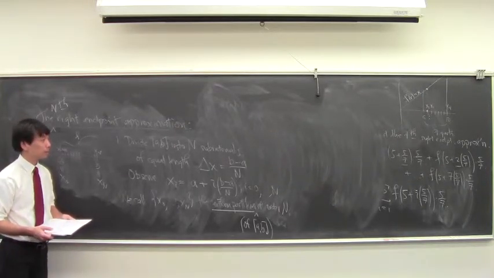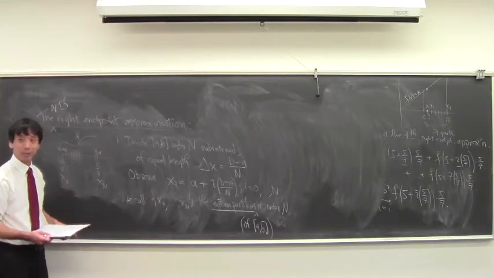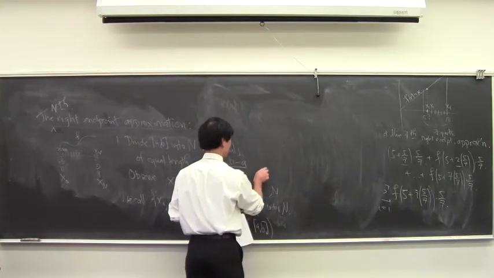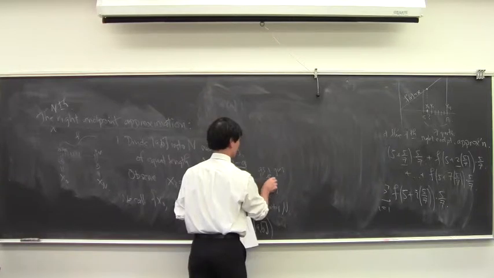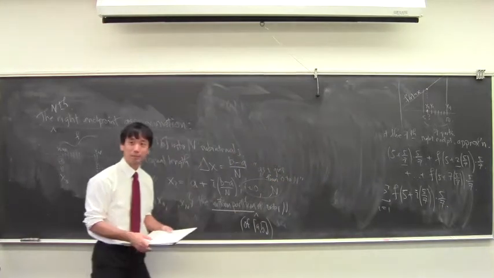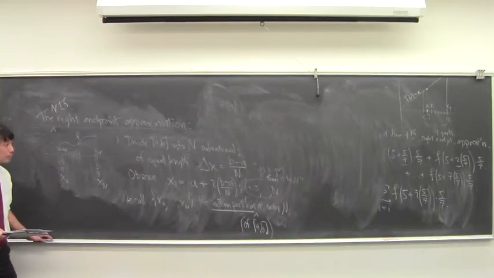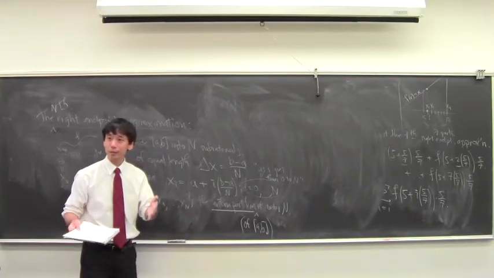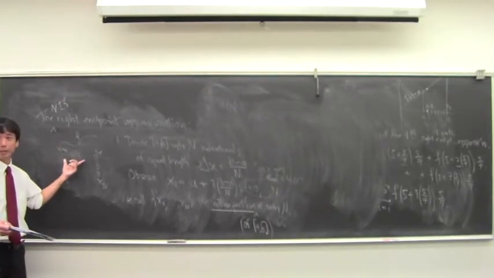Wait, why do you have i equals 0? Or you're just saying as i goes from 0 to n? That's right, that's what that notation means, as i goes from 0 to n. Thank you. What does it say? The uniform partition of order n. Uniform meaning that they're all the same size. They have a uniform length.